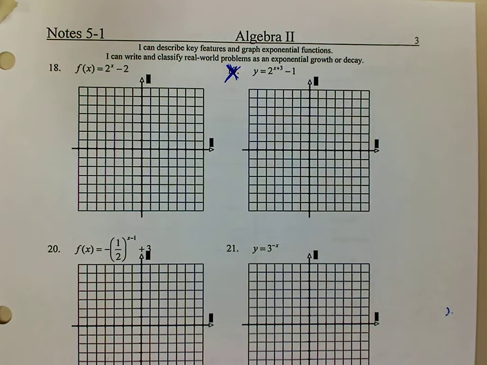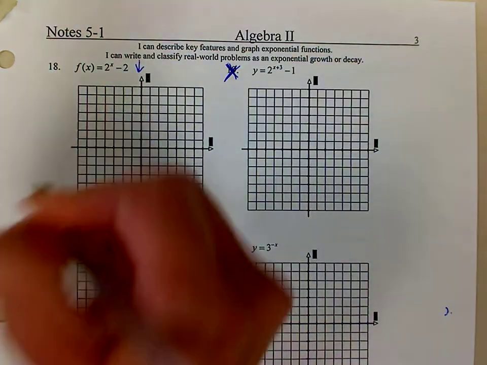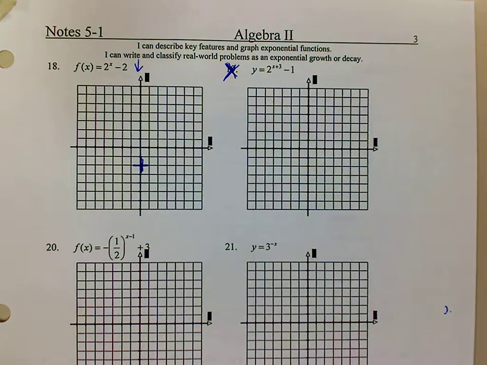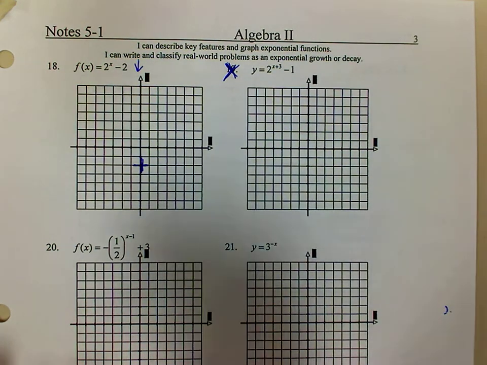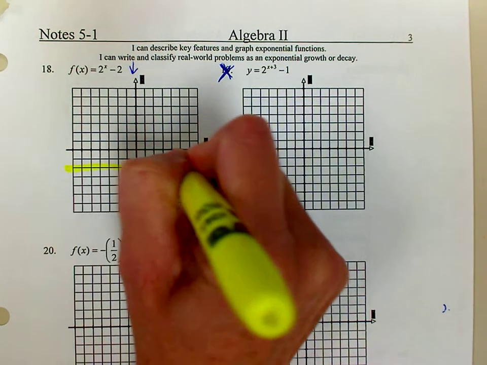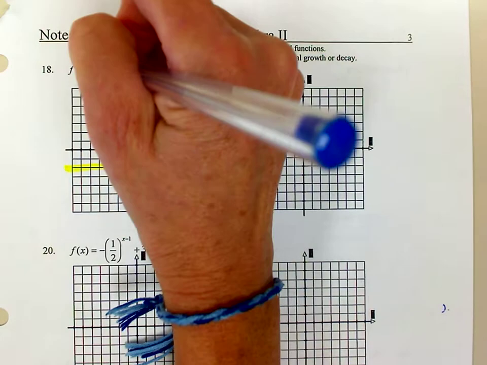Okay, so number 18, we are going to first of all move our origin. So we're going to go down 2 first of all. And so that is my new origin. So therefore, I'm going to draw in my new x-axis here. Okay, so now that number's gone.